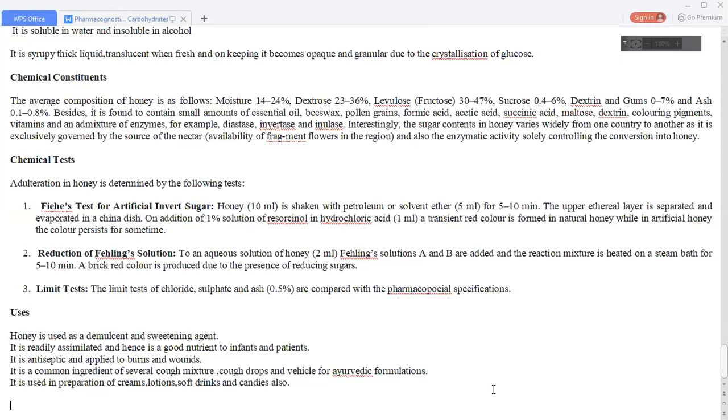Here, for testing this, honey, about 10 ml, is shaken with petroleum or solvent ether, about 5 ml, for about 5 to 10 minutes. After this, the upper ethereal layer is separated and evaporated in a china dish.